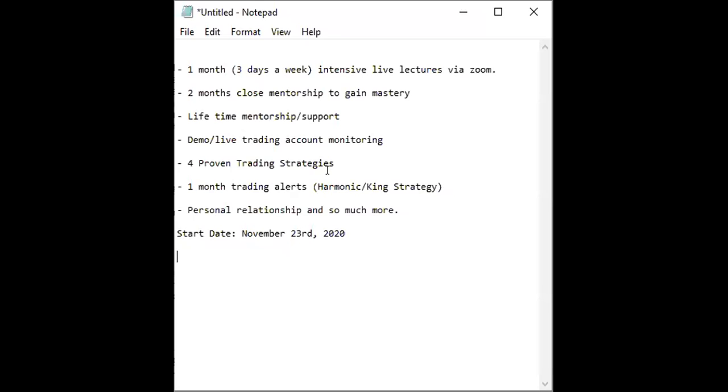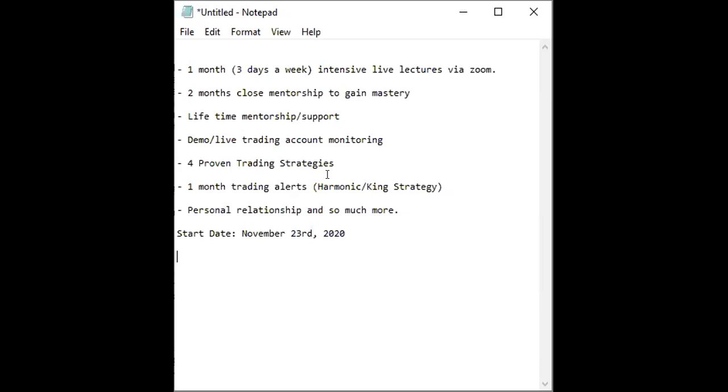After that, you will have lifetime mentorship as well, because we normally have training with all our students often. So that is our lifetime mentorship and support. We monitor your demo and live account to ensure you are doing it right, because when you have someone who holds you by the hand, that is when you will be able to do it perfectly well.